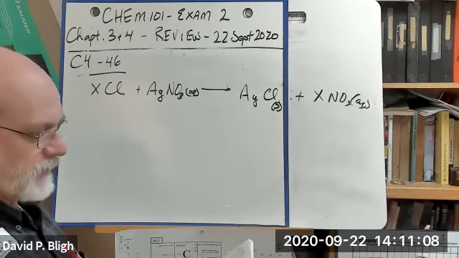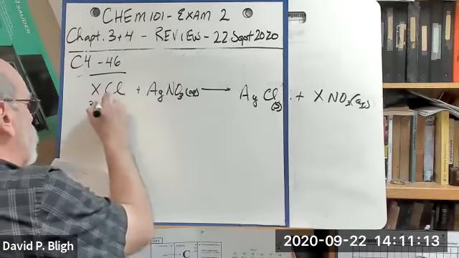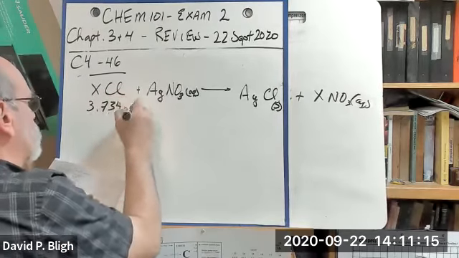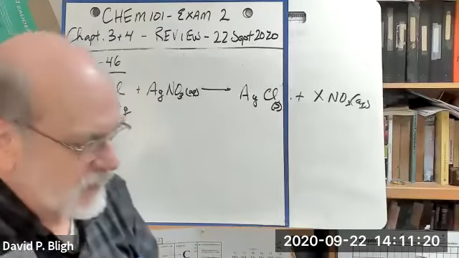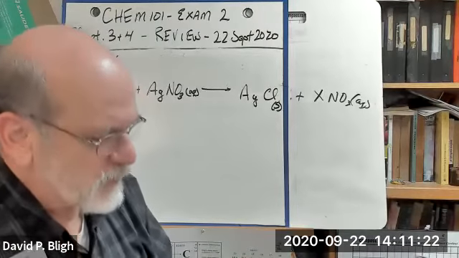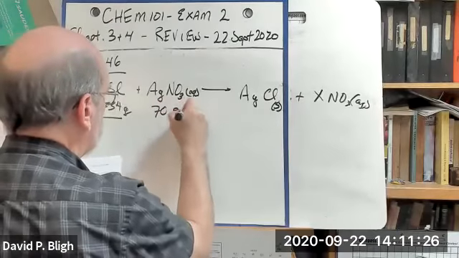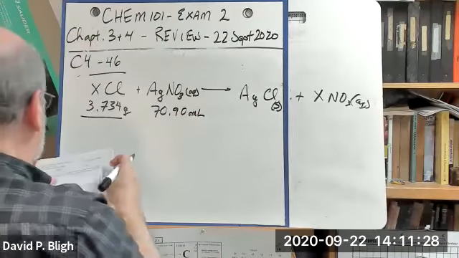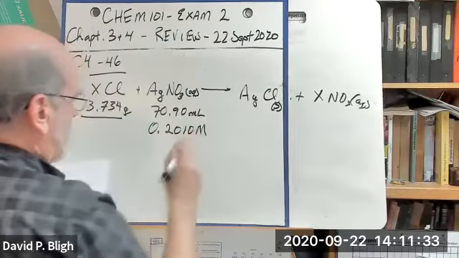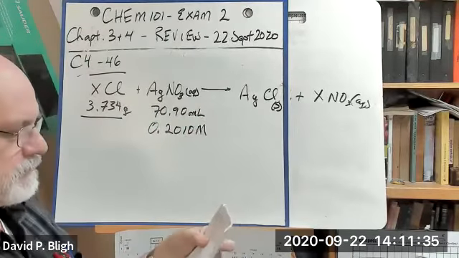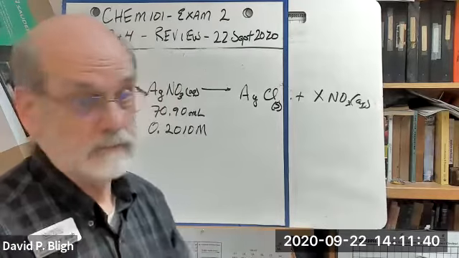Okay, now what are we given? 3.734 gram sample. 3.734 grams of that sample. Right there. And it's precipitated with 70.9 milliliters of a solution that's that molarity. And the question is, what's the percentage of chloride in the sample?